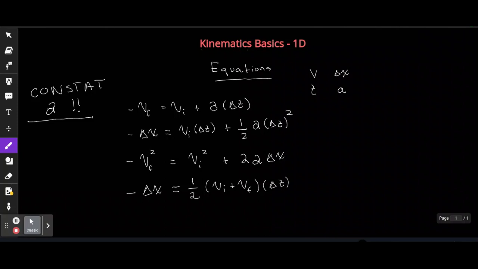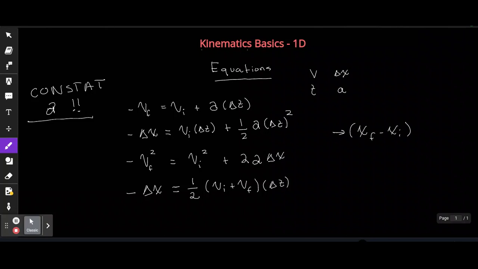These four equations can be used to solve for initial velocity, acceleration, elapsed time, and displacement. And sometimes, breaking apart displacement as final minus initial, we can specifically solve for the final position and the initial position if we have the information.